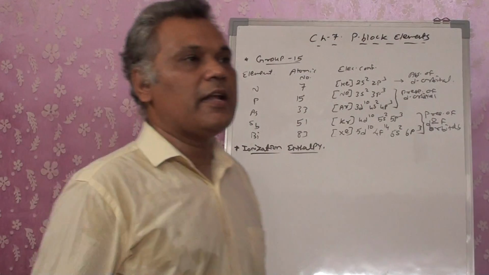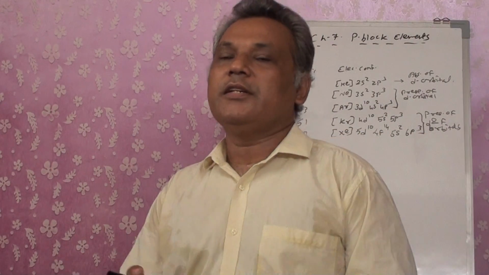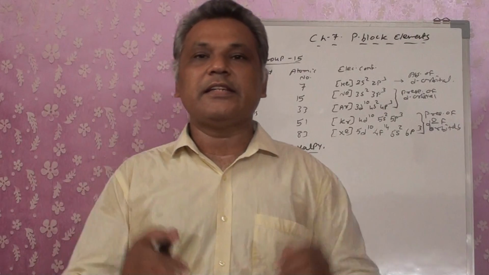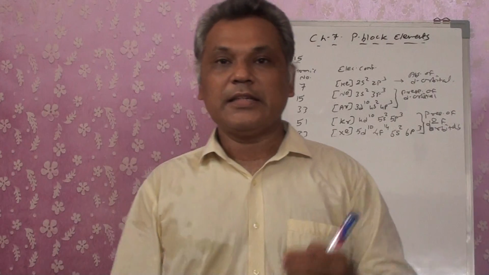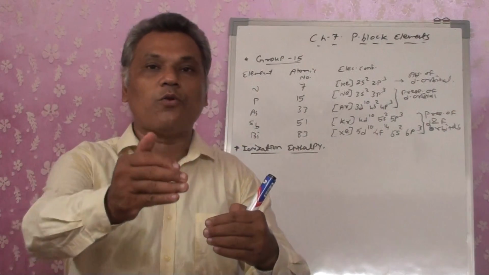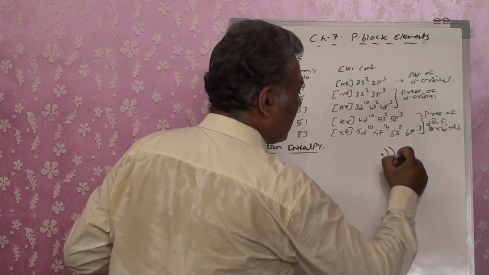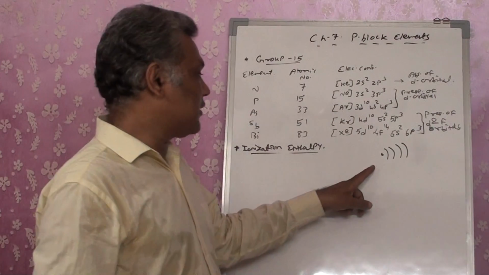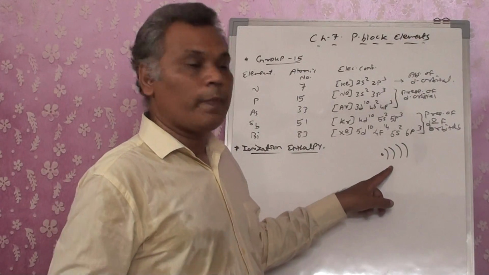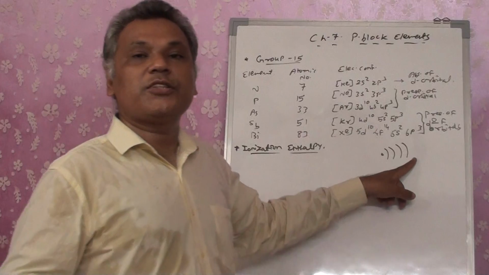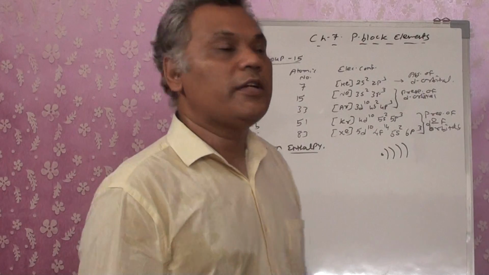Now we studied the trend related to ionization energy in general in the 11th. Top to bottom, atomic radius is increasing, and ionization energy is completely dependent on atomic radius. The reason is the force of attraction between the nucleus and the outermost electron. If the distance between the nucleus and outermost electron is less, the ionization energy required is more. If the distance is more, that means attraction is reduced, and because of the reduction in attraction, ionization energy decreases, right?